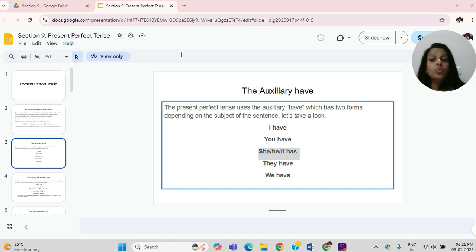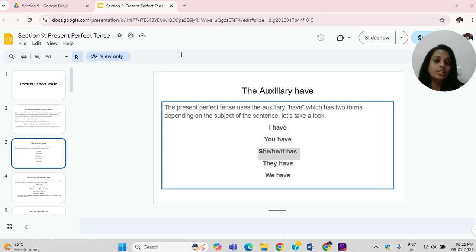And when it comes to regular verbs for past participle, we just need to add ed to the base verb. Example, walk, walked, talk, talked. But when it comes to irregular verbs, these do not follow a standard pattern, right? And that should be memorized. Example, for eat, it's eaten. The third form of the verb or the past participle is eaten. And for see, it's seen.